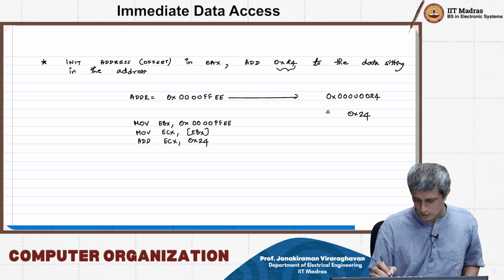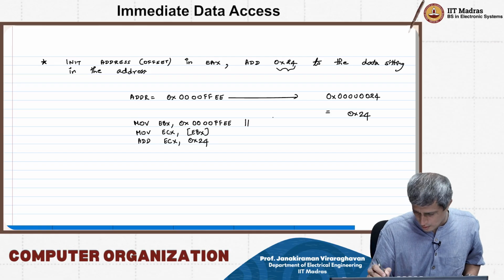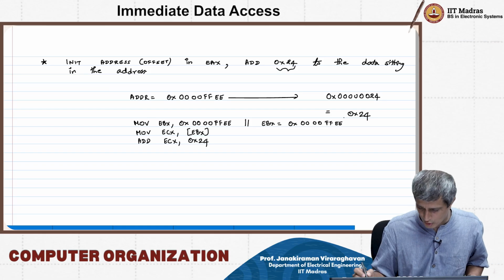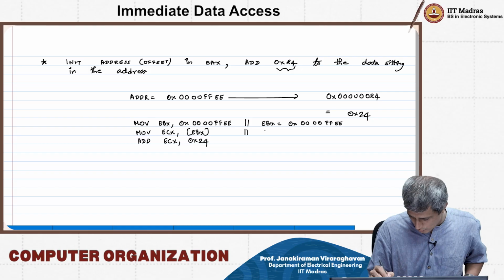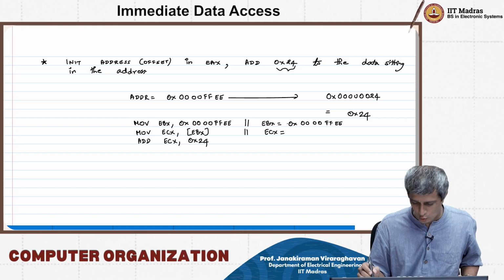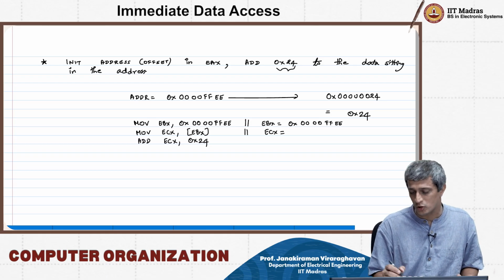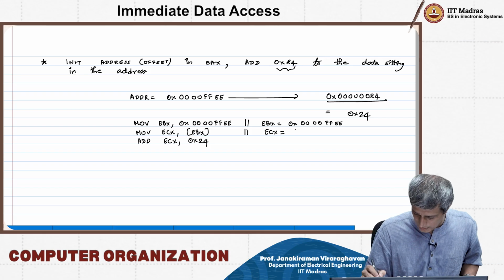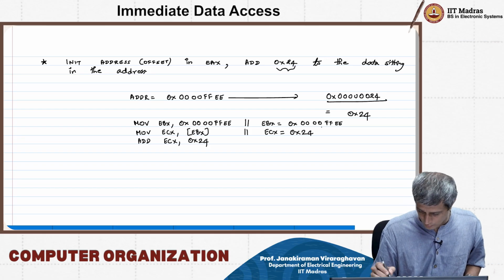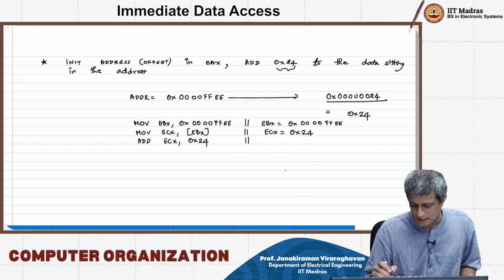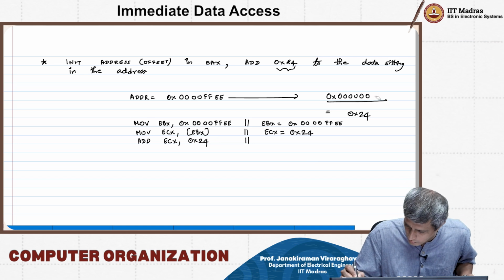Okay, so in this program my EBX will first get 0x0000FFEE, right? Then into ECX, I am going to load the data that is pointed to by this offset, which happens to be this number, and therefore you will get 0x24, right? And after that, add ECX comma, or let me not, both should not be 24.